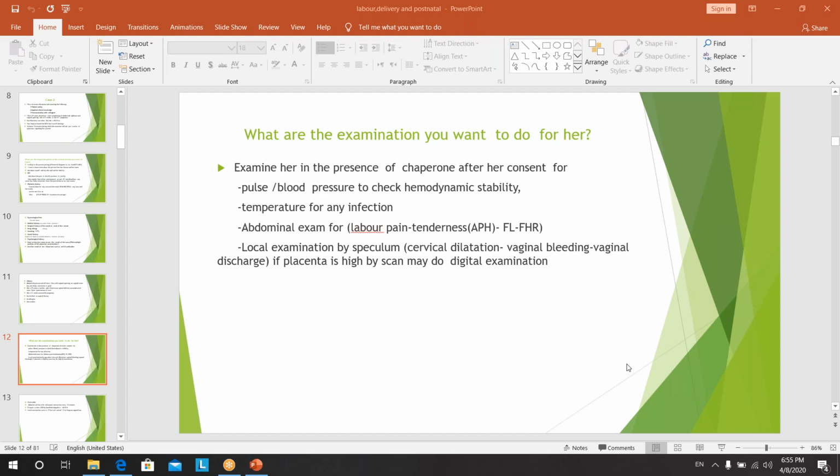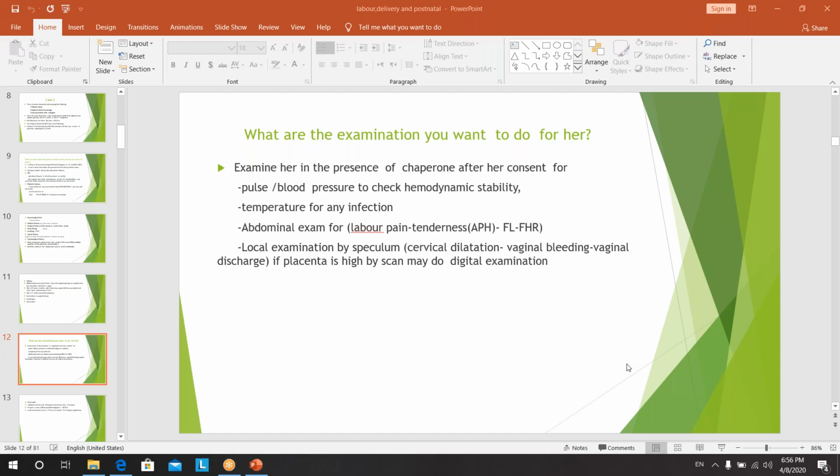Yes, according to the NICE guideline, we can diagnose preterm labor by the vaginal ultrasound or by the fetal fibronectin test. If the patient is coming at more than 30 weeks, I will do this diagnostic test. But if the patient came before 30 weeks, like 28, 29, or 29 plus 6 days, there is no need for this diagnostic test. I will start treatment of the preterm labor immediately.